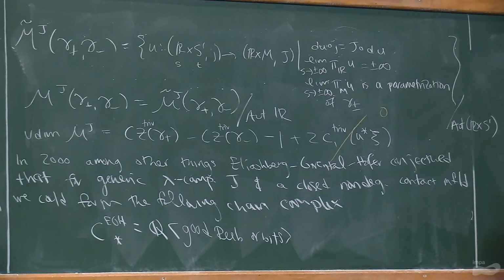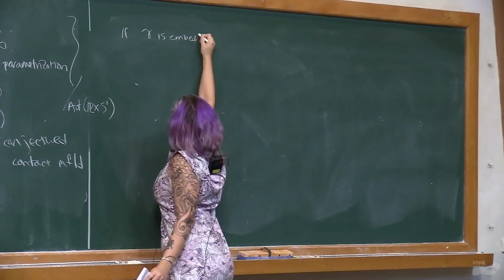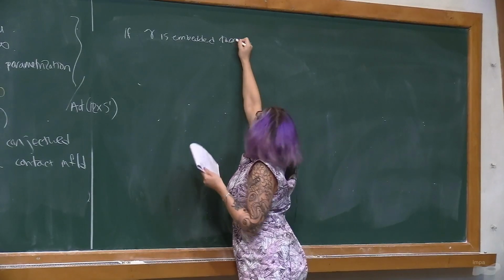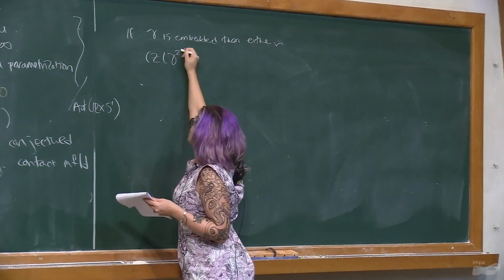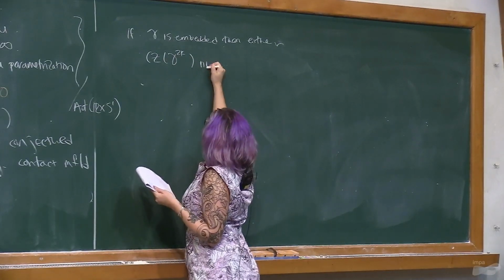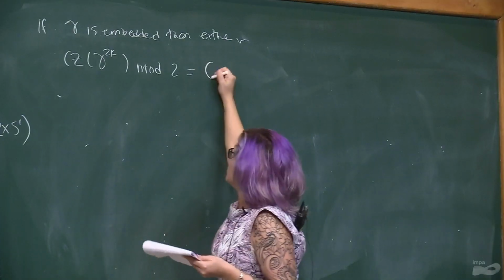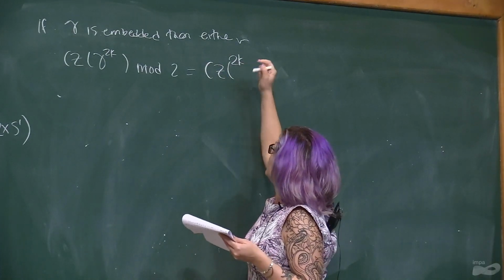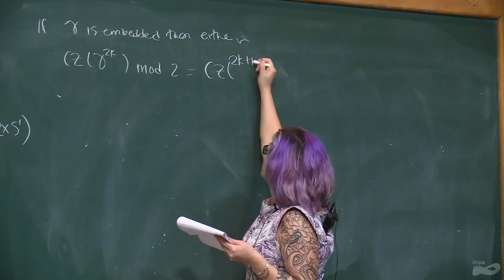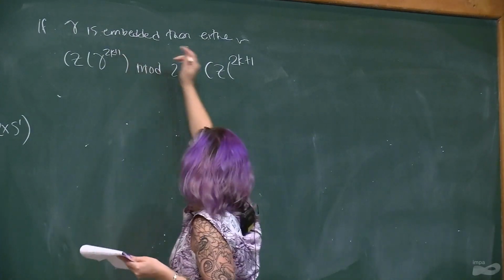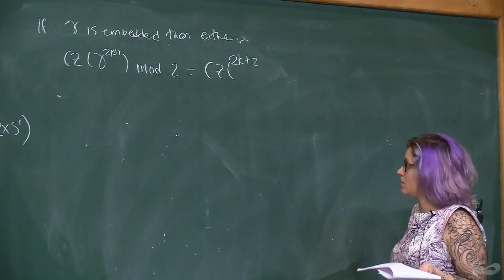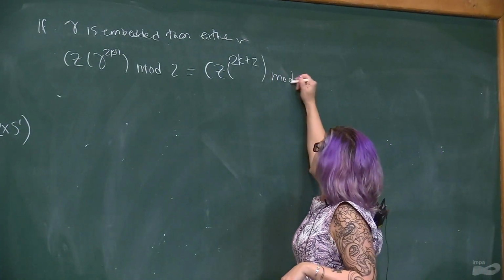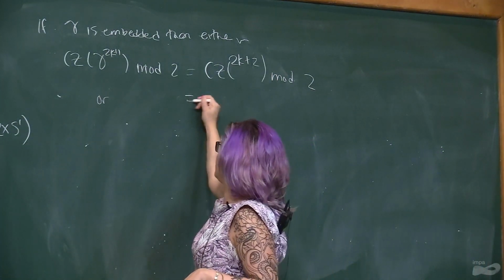So basically, if gamma is embedded, then either the Conley-Zehnder index of gamma^(2k+1) mod 2 is equal to the Conley-Zehnder index of gamma^(2k+2) mod 2, and I guess let's make this a plus 1 and a plus 2 so that you can start off at k equals 0. Or you do not have equality.